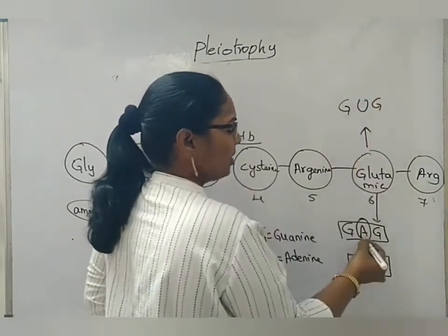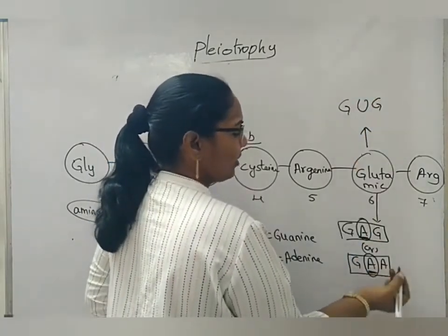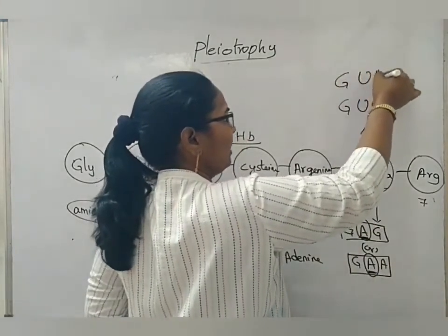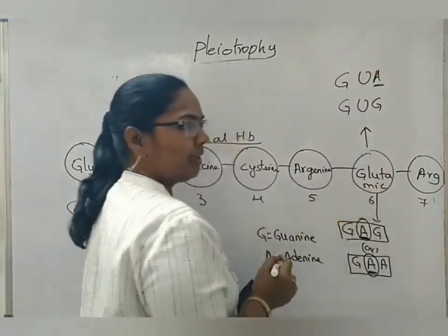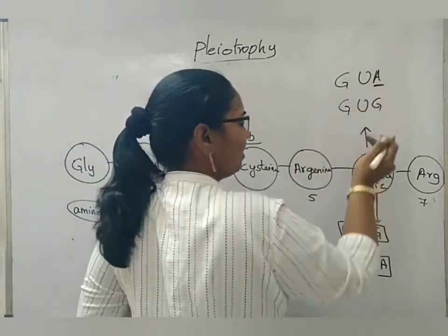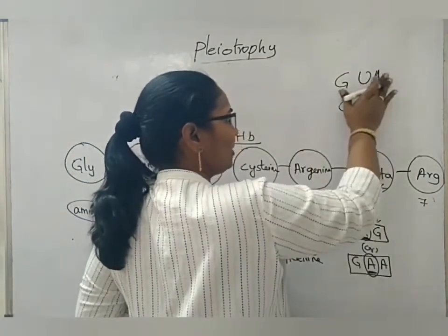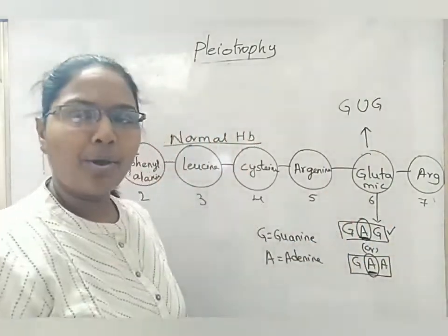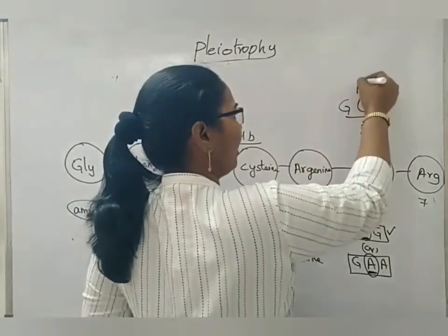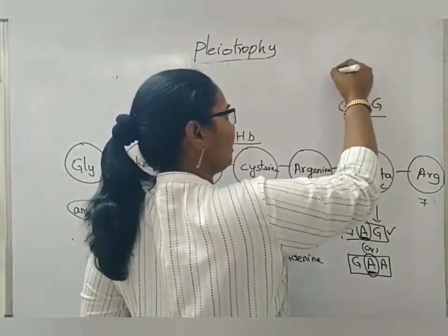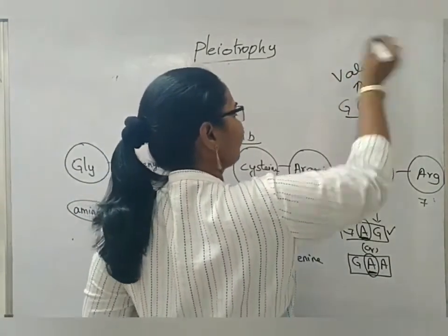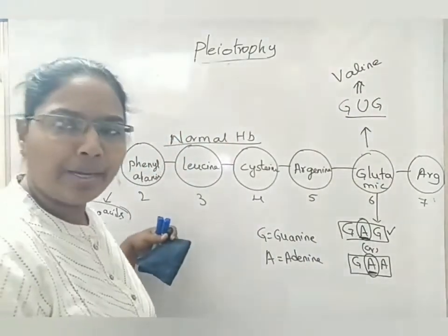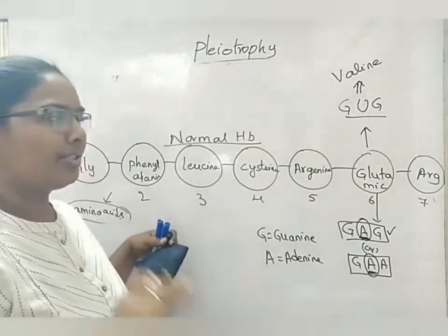It can be GUG, with uracil instead of this adenine, or GUA. But mostly we see that the change occurs at one particular point, that is GUG, and this codes for valine. So this leads to a change of RBC structure from biconcave to sickle shaped RBC.